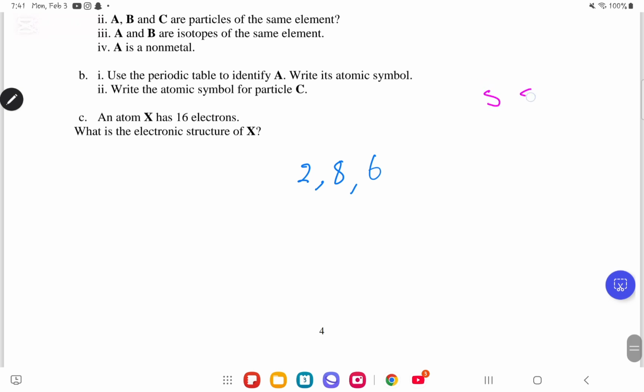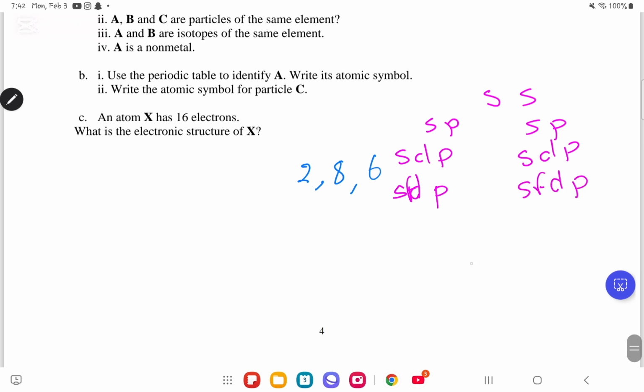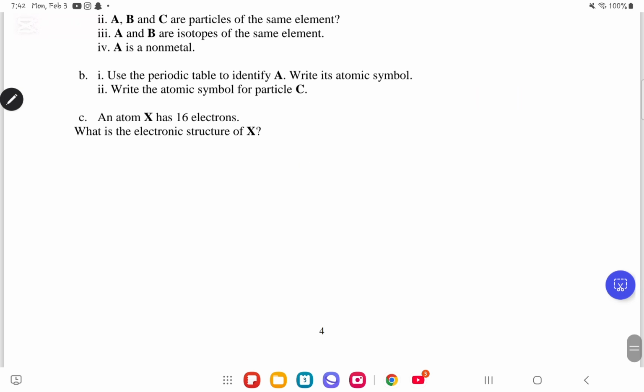So you write the orbitals in order, 1s, then 2s, 2p, then 3s, 3p, 3d, and so on. I prefer not to use this method. It's going to take a lot of time, but I'm just going to use it as an example. I think I made a mistake, sorry. So again, it's going to be 2, 8, 6. Forget what I said.